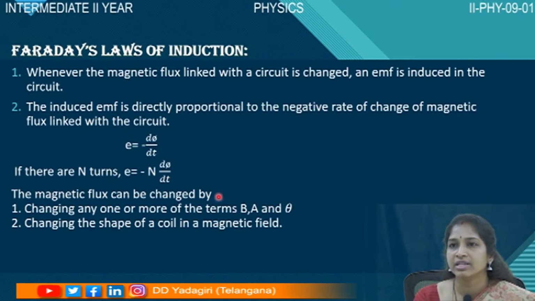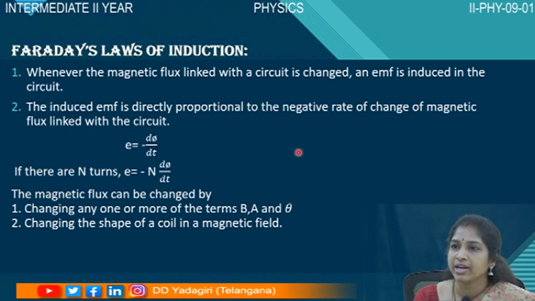That is what we discuss in the next topic, Lenz's law. Before explaining that, we will see how the magnetic flux changes. Actually, this change in the magnetic flux depends on B, A and theta. And not only on B, A and theta, the change in the magnetic flux also depends on the change in the shape of the coil in the magnetic field.